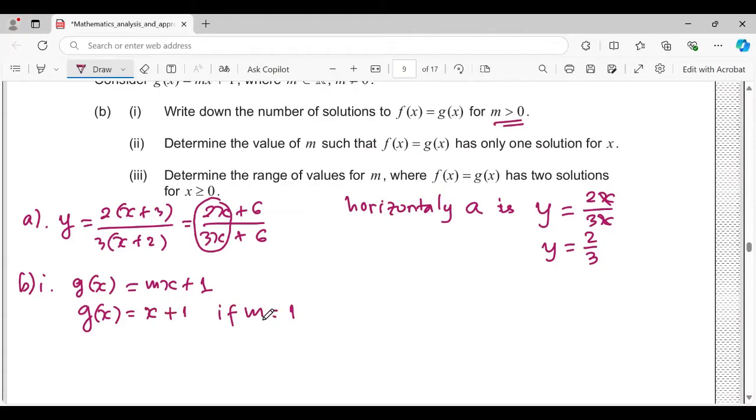If we draw the straight line, there are two coordinate points: on the x-axis minus 1 comma 0, and on the y-axis 0 comma 1.